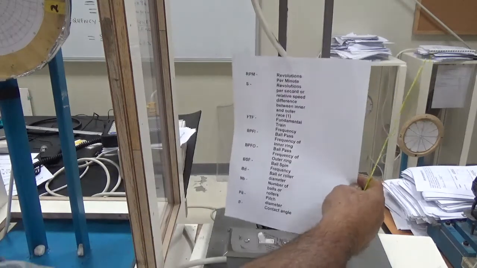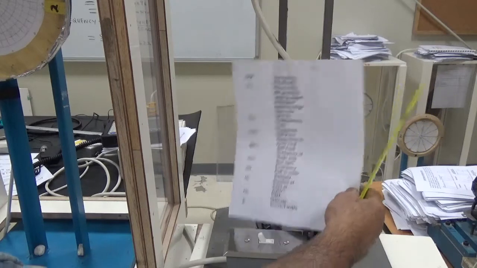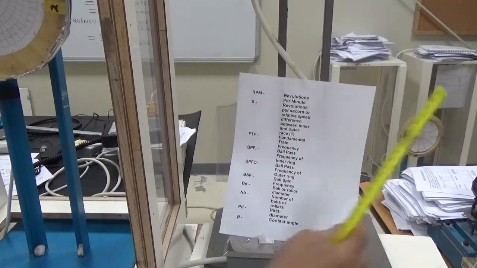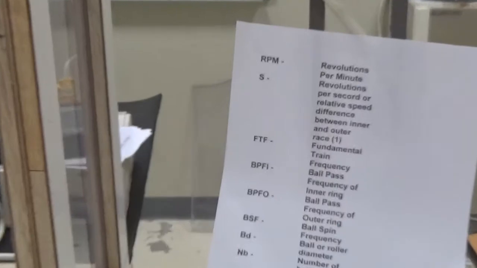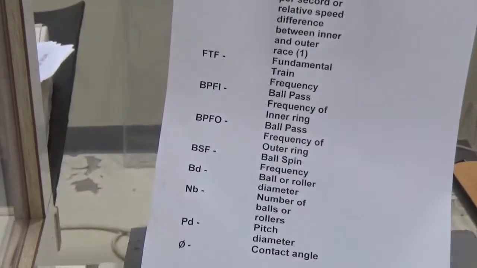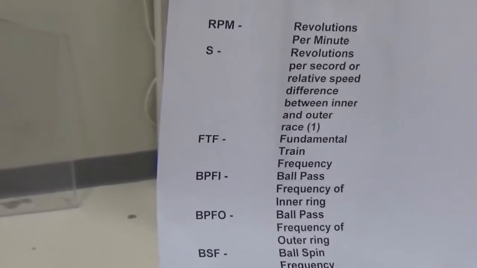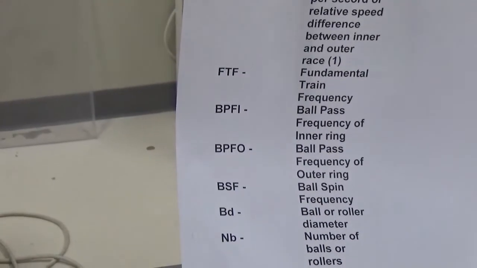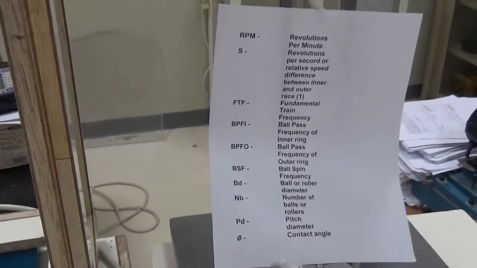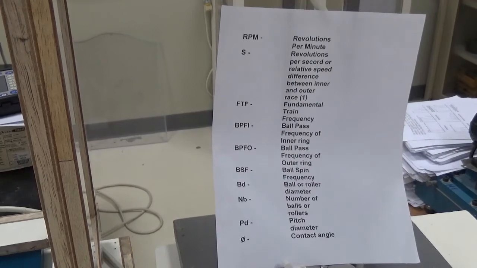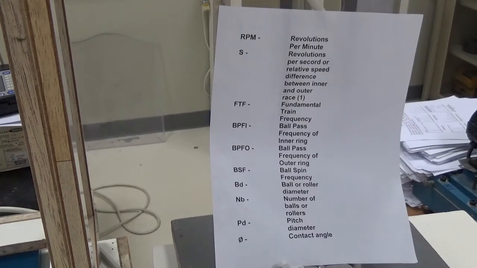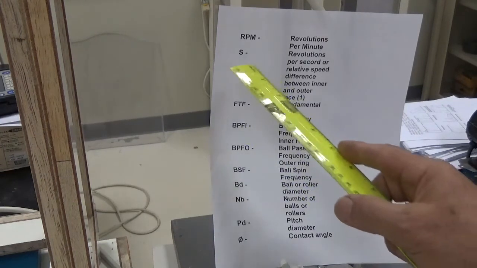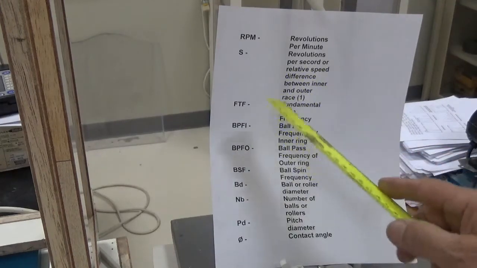So these are the different, you can see here, SS is revolutions per second or revolution per minute.